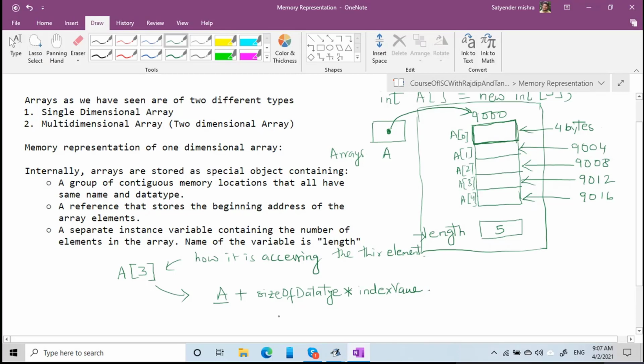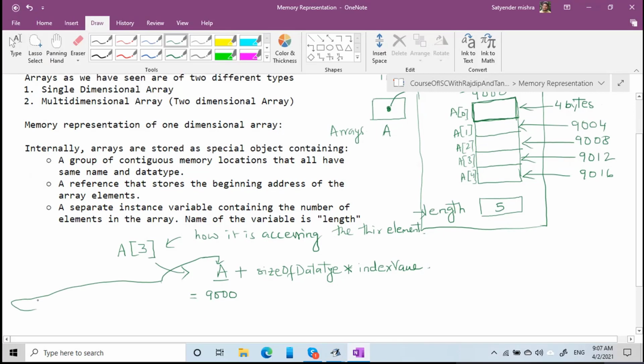So you have to write here 9,000, and the name of the array represents the base address, or starting address. So the name of the array A is pointing to 9,000. So 9,000 is your base address, right?